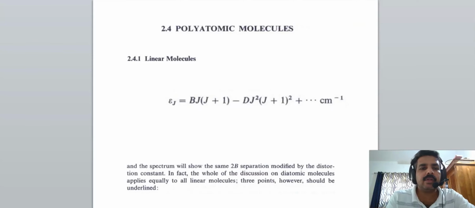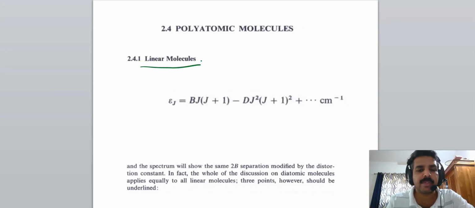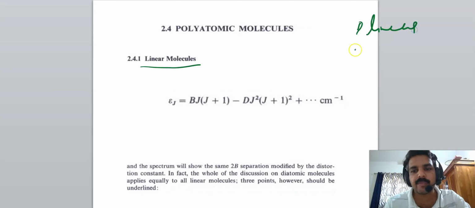Okay, the first type is the linear molecule. You might remember that we have classified molecules into four classes based on their moment of inertia. The first one is the linear molecule.